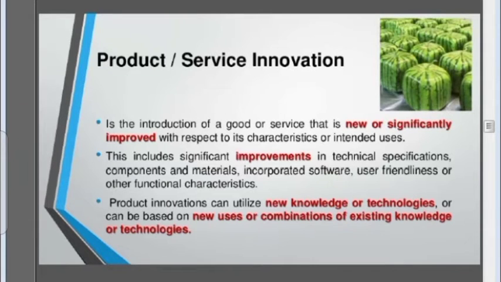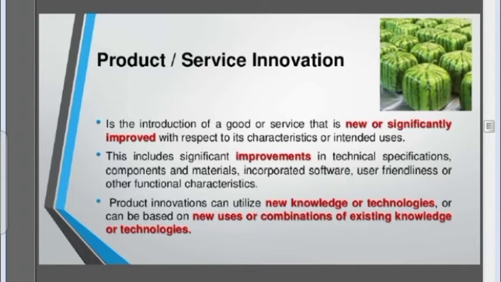This includes significant improvements in technical specification, components and materials, incorporated software, user friendliness or other functional characteristics.